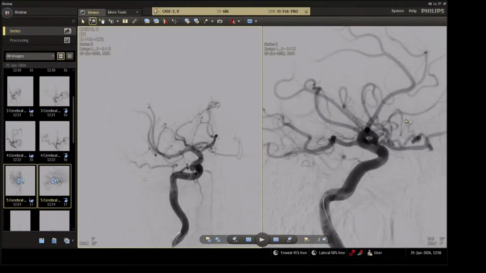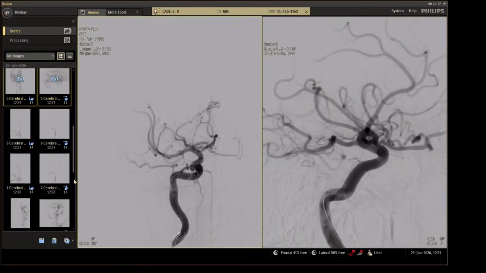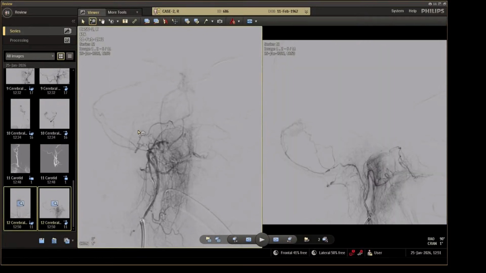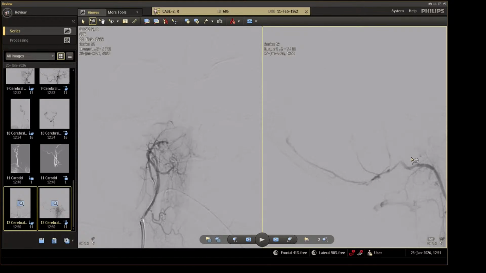Let's put it on the big screen. This is how the ascending pharyngeal looks. It might be good, but usually here we have some tortuosity. Just a second. Let's do it cranial.